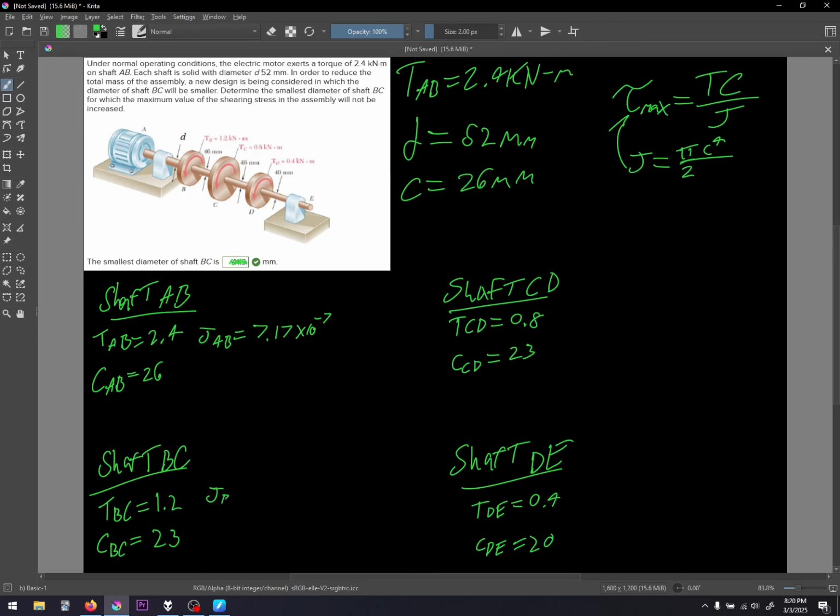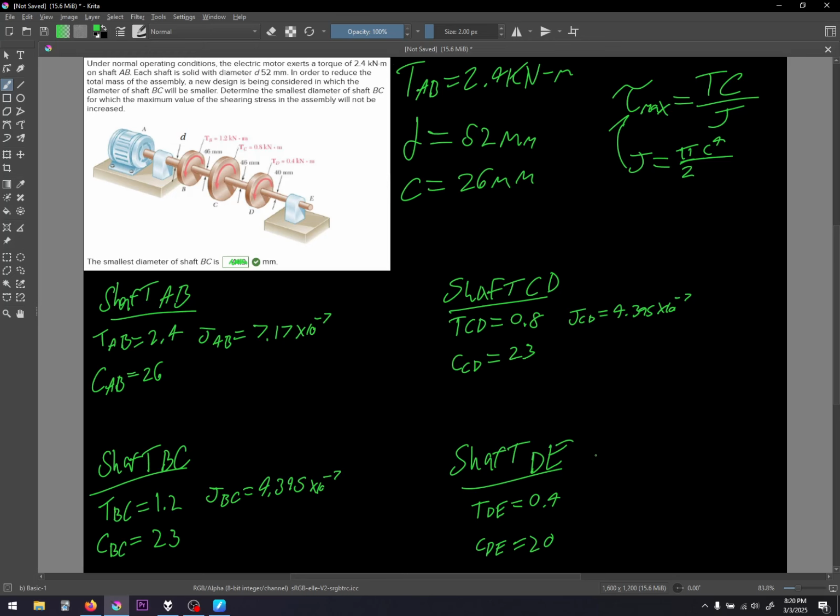JBC is the same exact thing except 26 becomes 23. That gives 4.395 times 10 to the negative 7. And same with the other ones. JCD is actually going to be the same thing, 4.395.